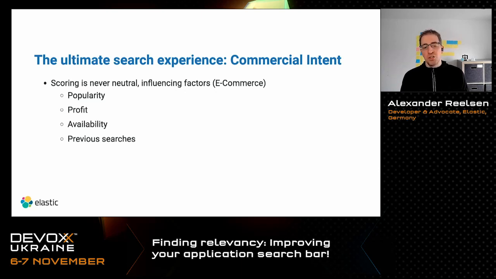Also, previous searches might come into account, right? Every e-commerce system gathers all the searches you did previously, maybe also just in your session. And if it figures out you already marked LG TVs or Samsung TVs in your previous search, maybe score those a little bit higher in the list of products, because you may want to take another look at that. And the same applies for previous purchases.